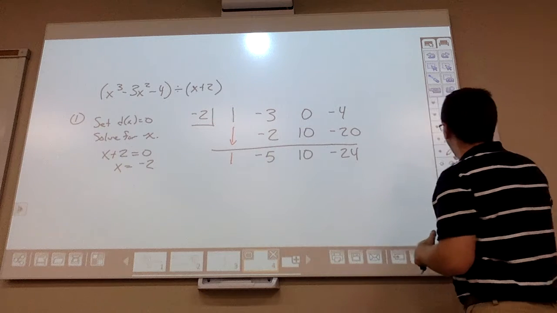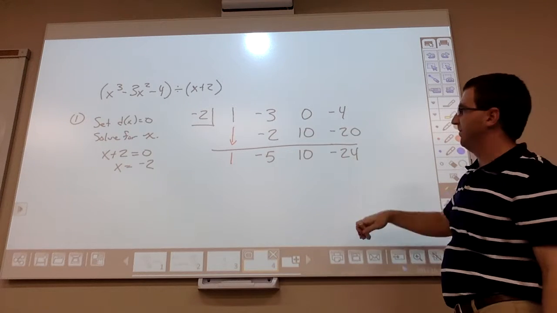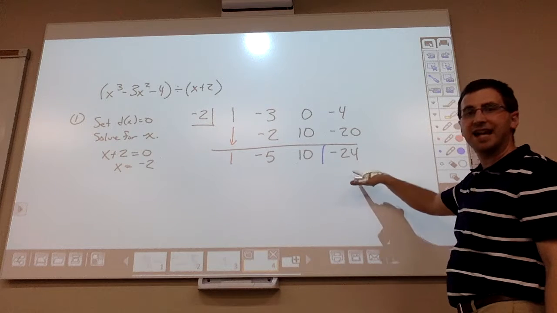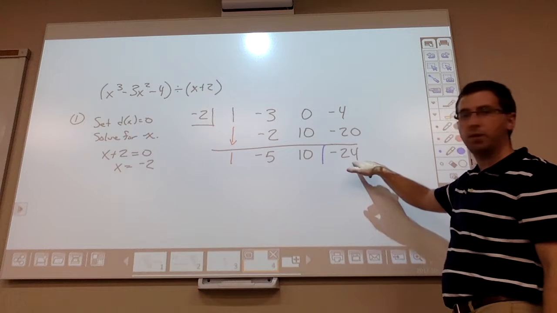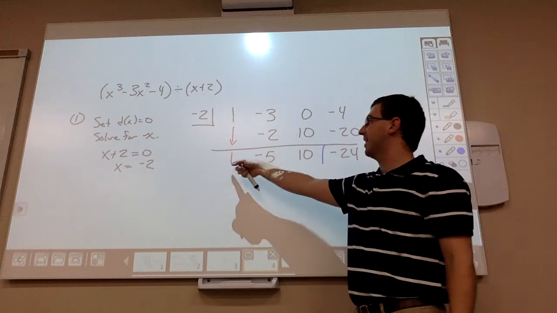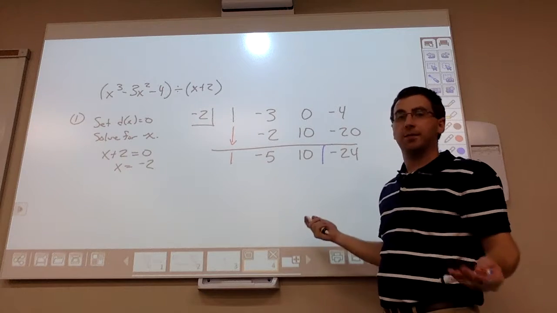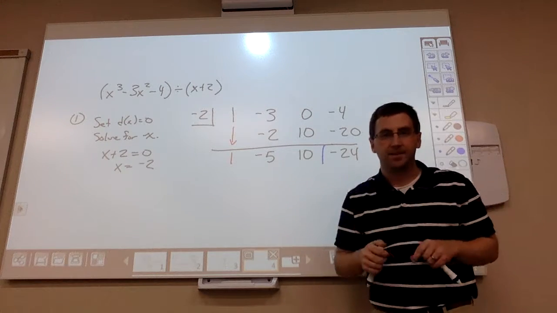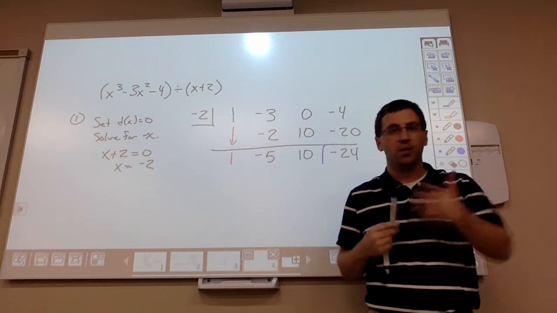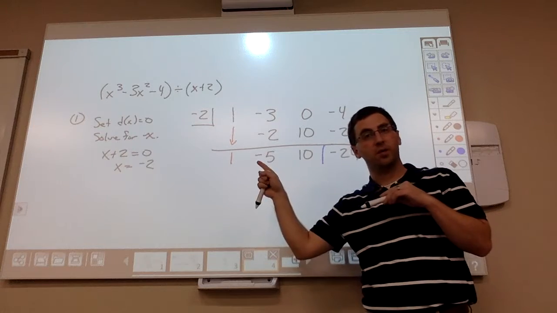Now, this is just what I like to do. The last number that you get in synthetic division, I like to section that off because that's my remainder. Negative 24, that's my remainder. Now, the quotient comes from these three numbers right here. Now, how you set up the quotient? Remember this. The quotient is always going to start off with the largest exponent that is 1 less than what you started off originally.